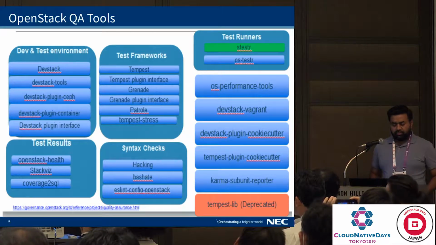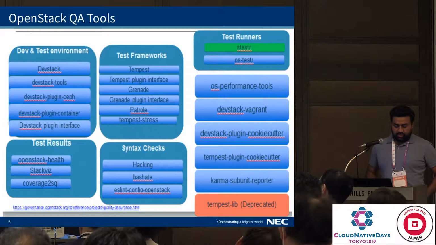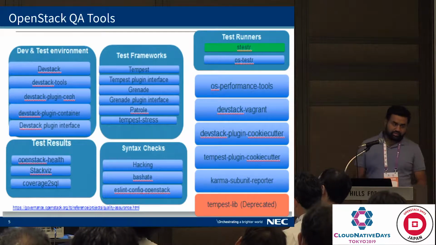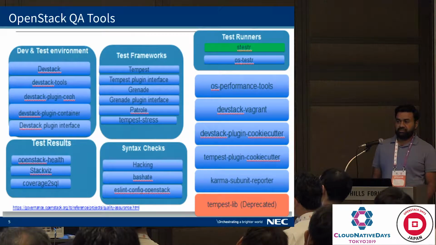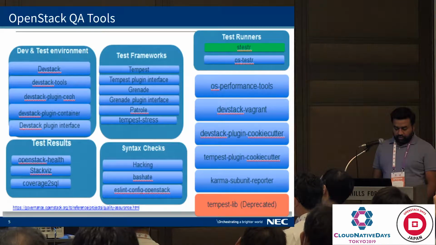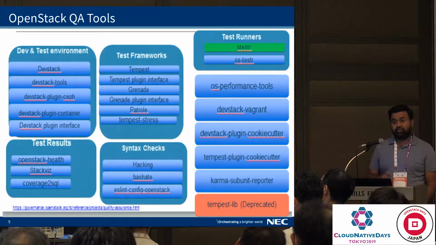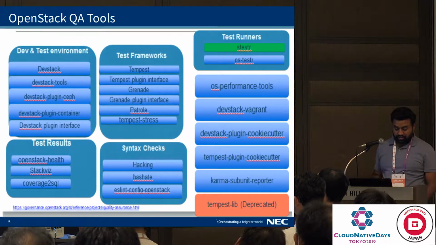Some are for development perspective only, like DevStack. On the left side you have DevStack, which creates your development environment for upstream patches and Zuul jobs. We have a few for test results. OpenStack Health gives a graphical view of your Zuul jobs and their test data, whether pass or fail.